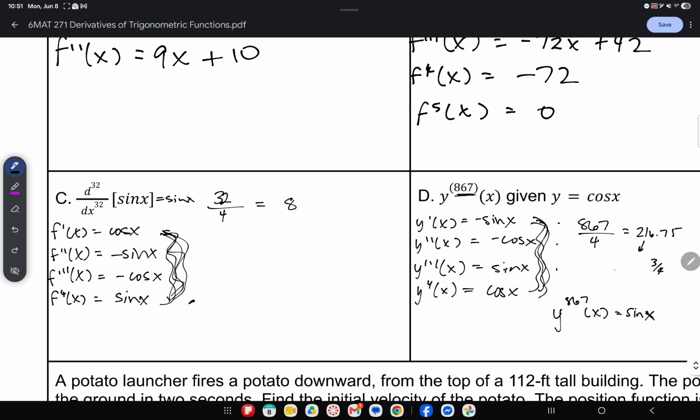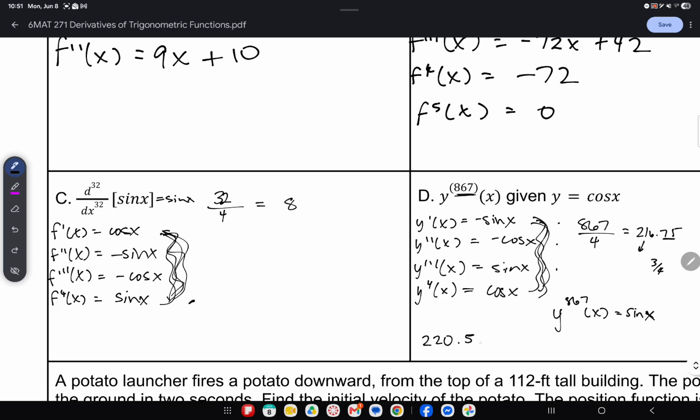So if we had, I don't know, let's just say we had 220.5. So this just worked out nicely, that 867/4 reduces to 3/4, and it works out here.